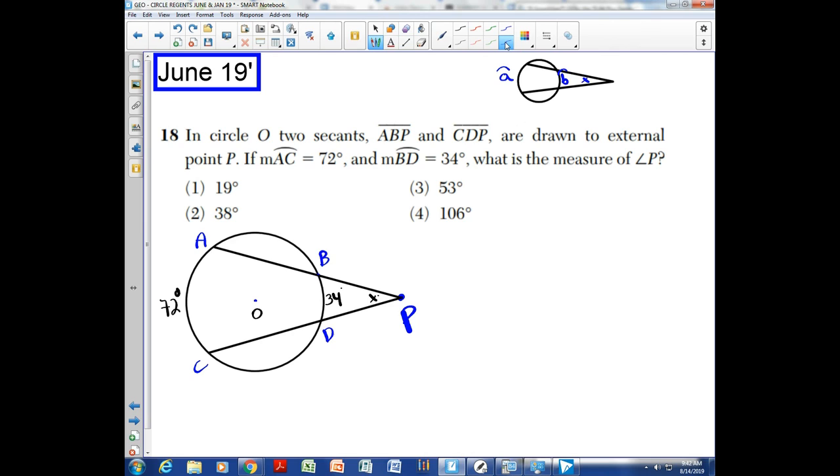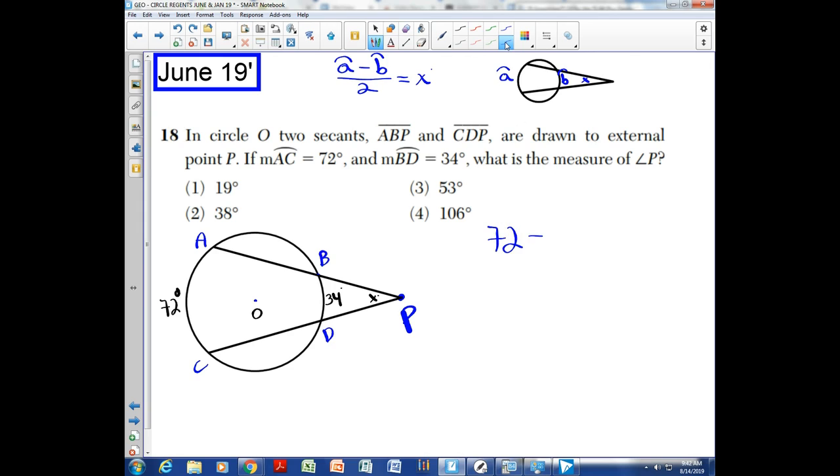This is a theorem that states that if you take the greater arc and subtract the smaller arc and divide it by 2, it'll be equal to the angle. So I'm going to go down here to my scrap and see in that A position we have 72 degrees.